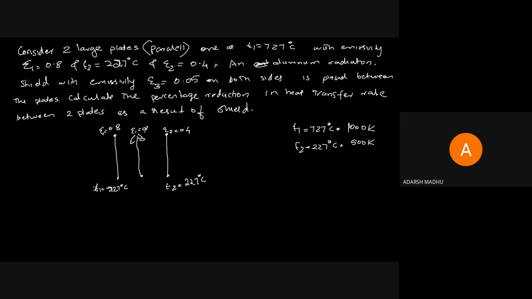If there is a radiation shield, the heat transfer rate decreases. So you have to find the heat transfer value without considering the radiation shield and with considering the radiation shield. In the two cases, you want to find the heat transfer rate, and by reducing the value, higher divided by lower, we can find the percentage reduction in heat transfer rate.